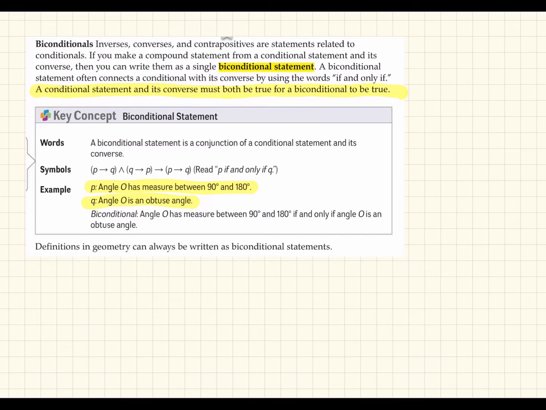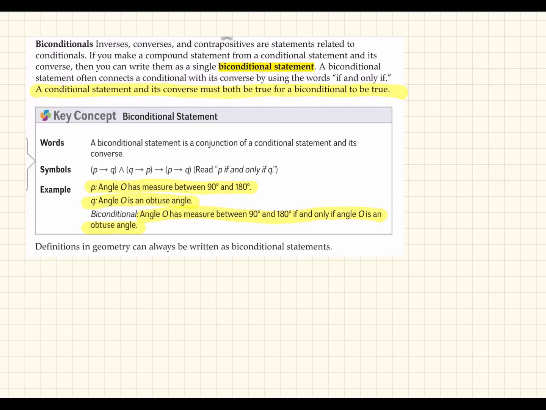We want to make a biconditional statement out of those two statements. So we would say, angle O has a measure between 90 and 180 degrees if and only if angle O is an obtuse angle.